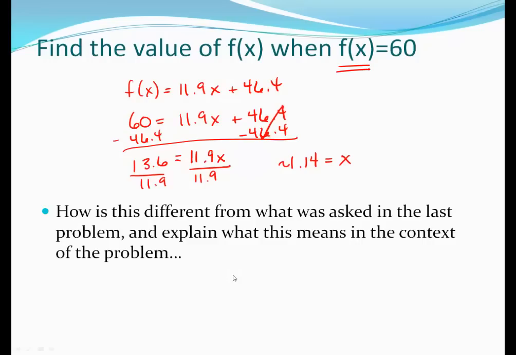So how this is different is now they're asking you to find the domain. They've given us the range, and we're being asked to find what x is. Instead of asking how many hours of video games we're playing at a certain time, now we're asking how long it will take to reach an average of 60 hours of video games a year.